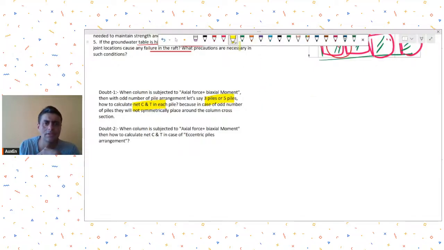So he's saying, let's say this is the column and there's a 3 pile arrangement. So let's say this was my pile arrangement. And this column has some axial load.